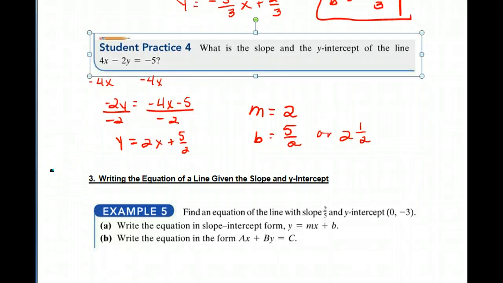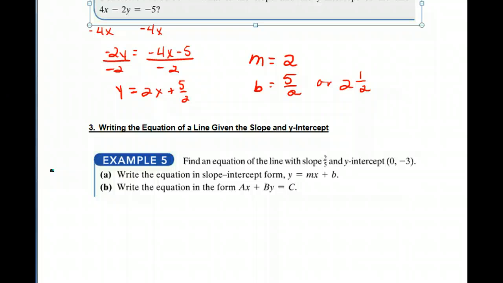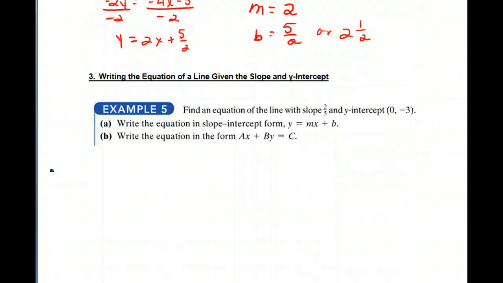Our next topic is being able to write the equation of a line given the slope and the y-intercept. So we were told that we want to find the equation of a line that has a slope of 2/5 and a y-intercept of (0, -3).